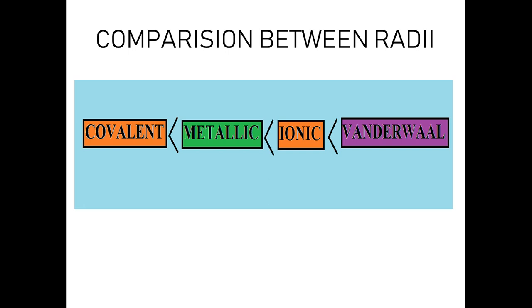That's why ionic radius is larger. In case of Van der Waals, the atoms between which we find this radius must be non-bonded. If they are non-bonded, then it is maximum. This is a basic comparison, and we can say it is a conclusion of all slides, all types of radii.